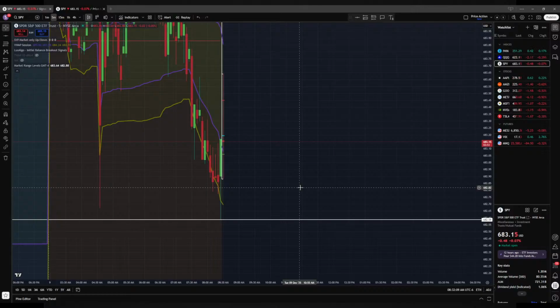And again, what these levels mean, the POC is where the most trading for the day so far has happened. The most volume for the day has happened. And then these ranges, the VAH and VAL, are just outer bands of that.